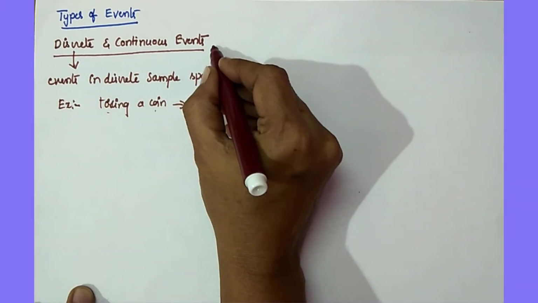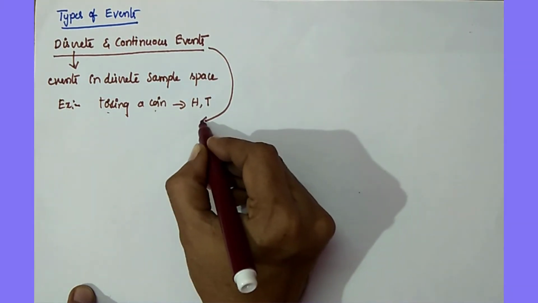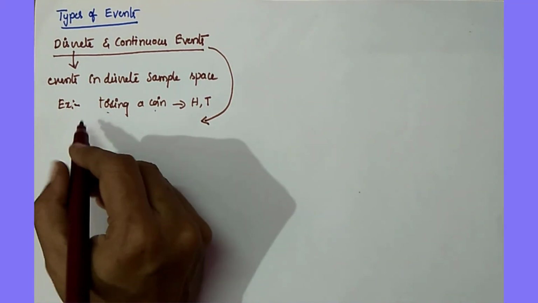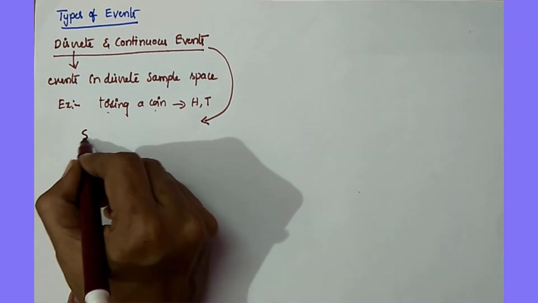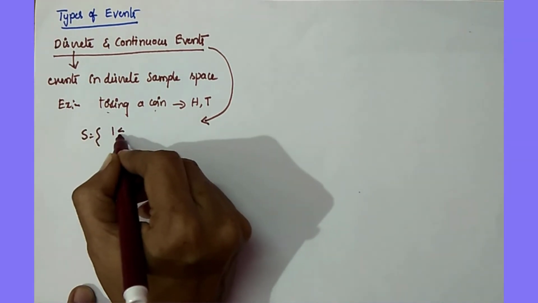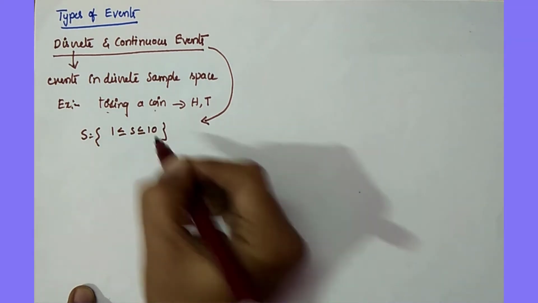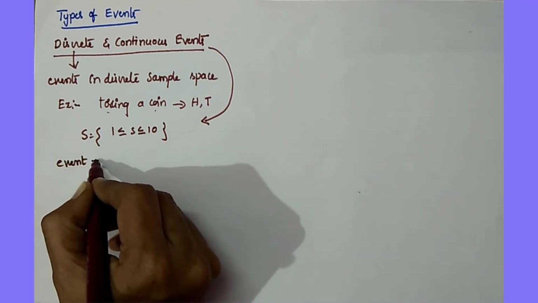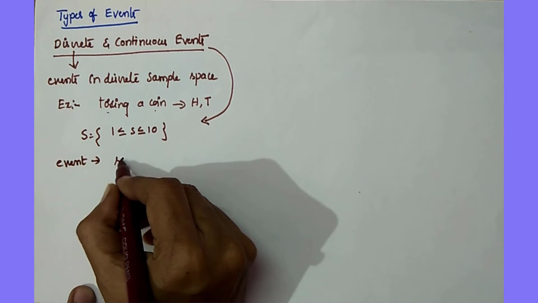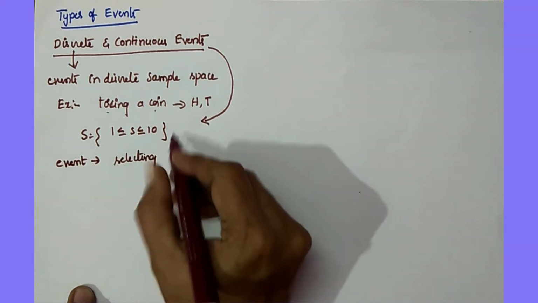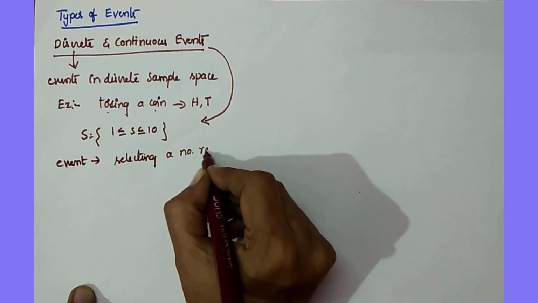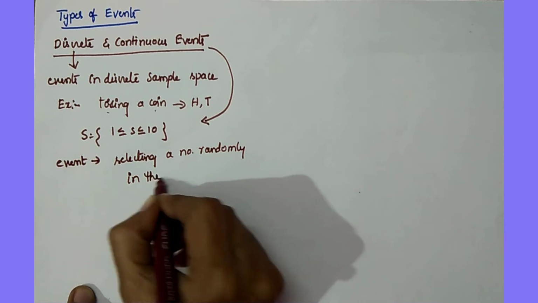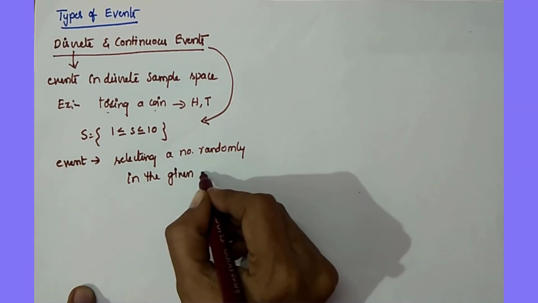What about continuous events? Suppose, take one sample space like this. And let us take the event as selecting a number randomly in the given range.